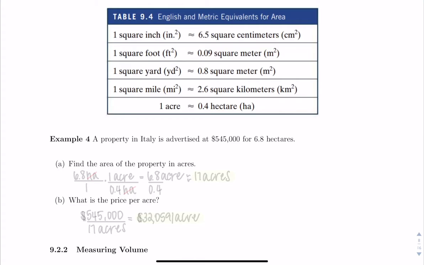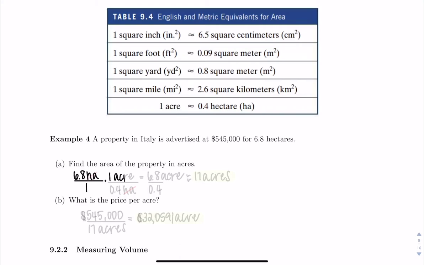So a property in Italy is advertised at $545,000 for 6.8 hectares. We want to find the area of the property in acres. So we're going to use dimensional analysis to convert 6.8 hectares to acres. And so there's about 0.4 hectares in an acre.